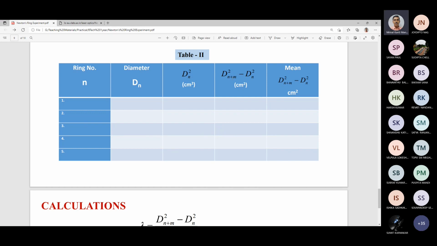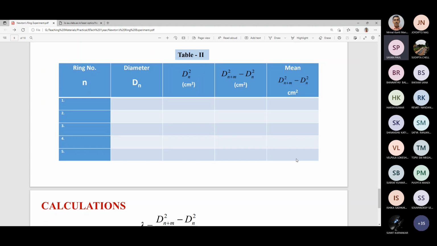Then here you calculate taking m equal to 2, for example, or m equal to 3. If you take m equal to 3, then n minimum value is 2, so 2 plus 3 is 5. So D5 square minus this one, you put it here, right? Then D6 square minus D3 square, you put it here, and in this way you complete and take the average.